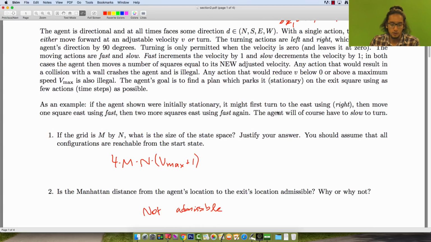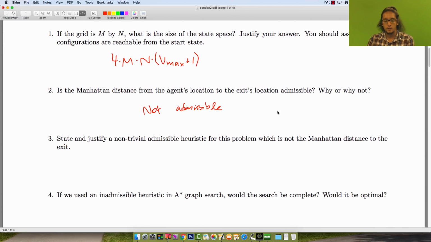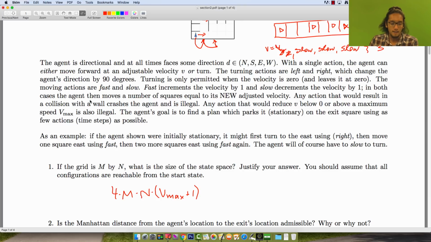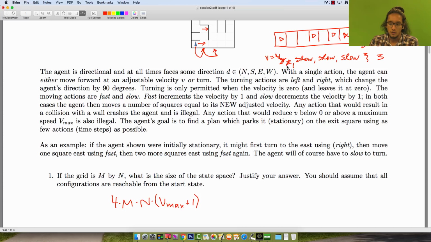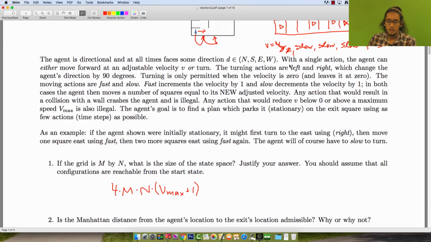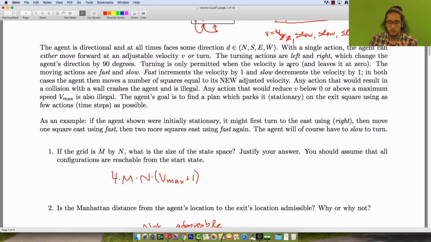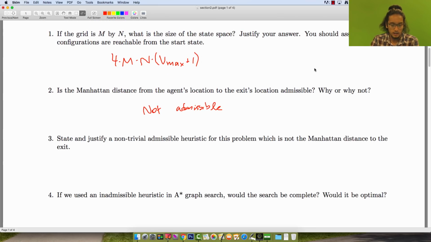And it turns out we can do that, by recalling that we do have a max velocity, right? Which means that regardless of what the current velocity is, there's a limit on how fast you can go, and so there's a limit on how quickly you can get to the goal state. So as a first attempt at an admissible heuristic, let's take the Manhattan distance between the agent and the goal state, and divide that by the maximum velocity.